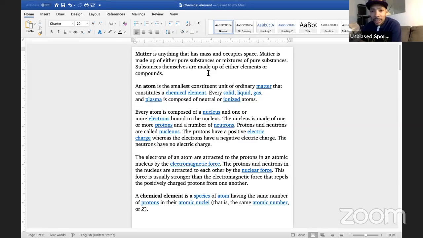The nucleus is made of one or more protons and a number of neutrons. Protons and neutrons are called nucleons. The protons have a positive electric charge, whereas the electrons have a negative electric charge. The neutrons have no electric charge. They're neutral. The electrons of an atom are attracted to the protons in an atomic nucleus by the electromagnetic force.